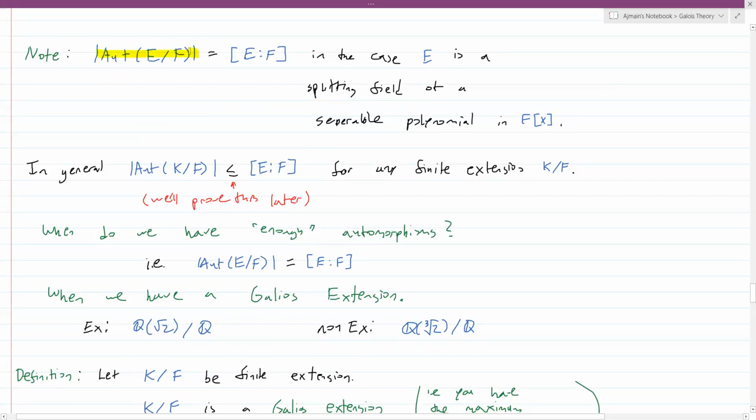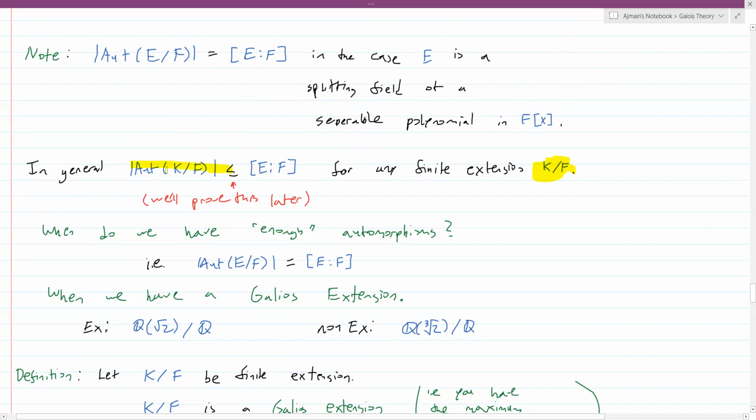Now, what did I write here? So the number of automorphisms of E over F is equal to the degree of the extension, in the case E is a splitting field of a separable polynomial with coefficients in F. Exactly. In general, we can modify the proof that was given above to work with any finite extension K over F, not just splitting fields.